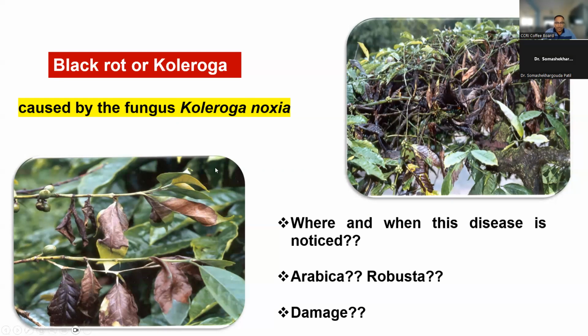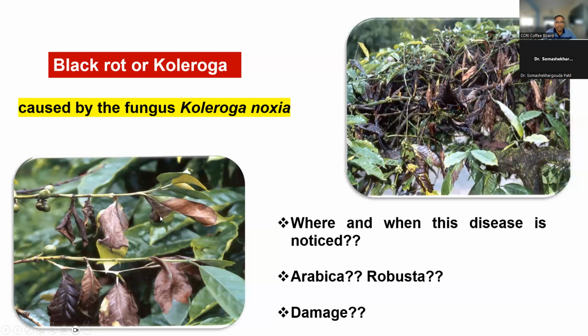In both Arabica and Robusta, all the cultivars are susceptible to this black rot disease. Since it affects almost all parts of the plant, that is the leaves, twigs, as well as the developing berries, it causes very direct loss, and the quality of the coffee is also deteriorated due to this disease.